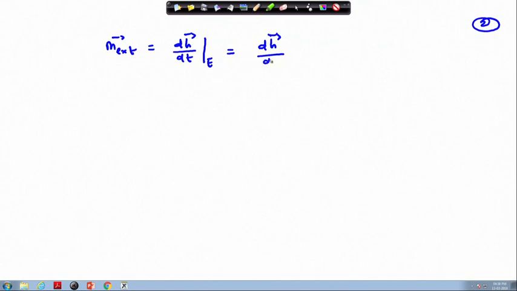This we can write with respect to the body frame, the B frame E1, E2, E3, which is fixed at point O. So, this is the situation once O coincides with the center of mass.